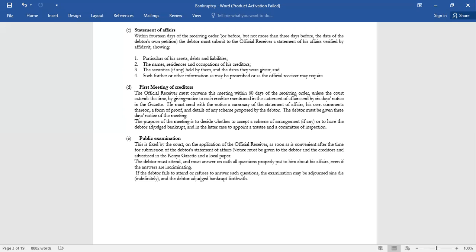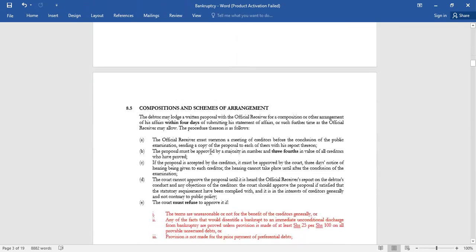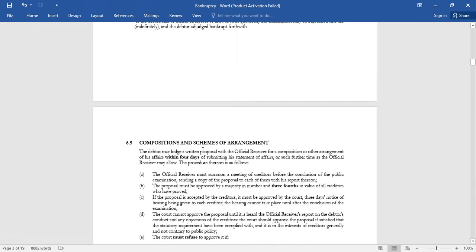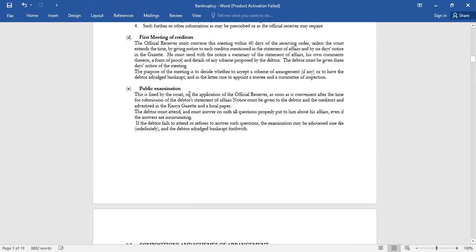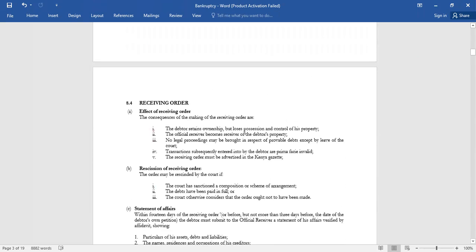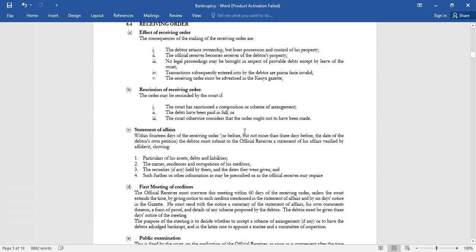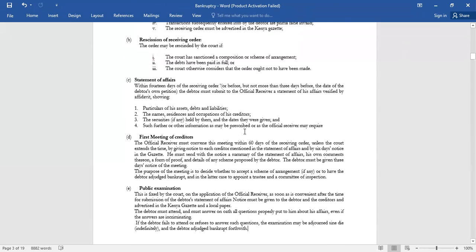So if the debtor is not cooperating and he is the guy who is making the court to meet, then the court may have very little to cover him. They'll go ahead and declare him bankrupt. In other words, we are trying to say it's highly unlikely that someone will accept to be taken through all this painful process if they have an ability to pay.